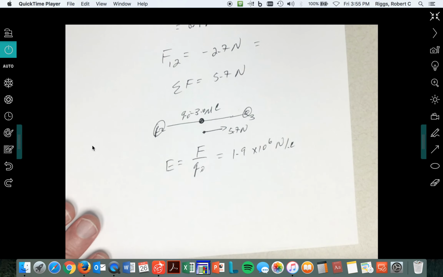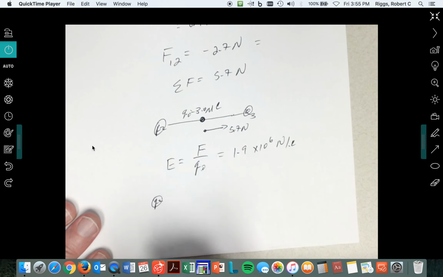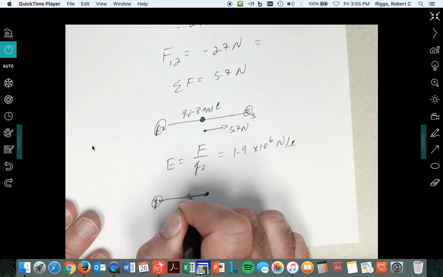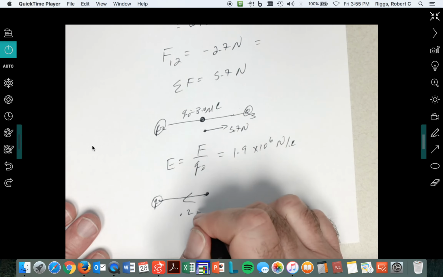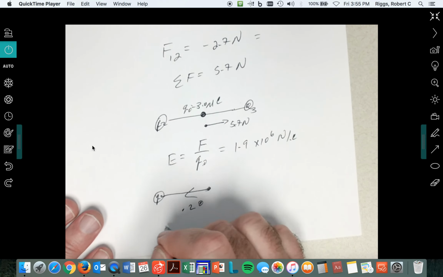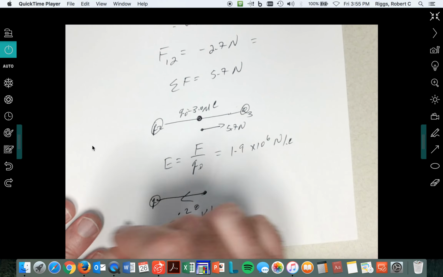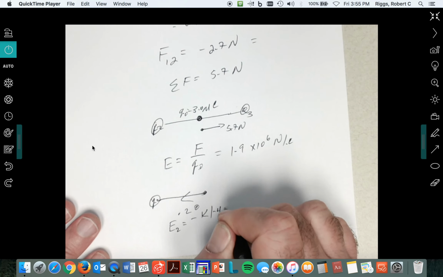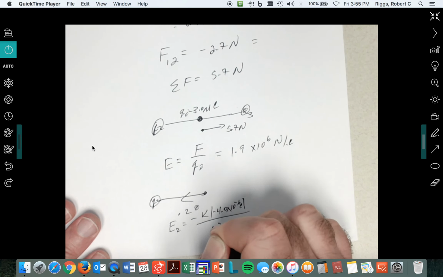But if we just want to do a point charge, so if we look at Q2 here, and then find the electric field, and since it's negative, its E field is going this way, and so E2 was equal to negative K, Q2, negative 4.0, the magnitude of, times 10 to the negative 6 coulombs divided by 0.2 squared.